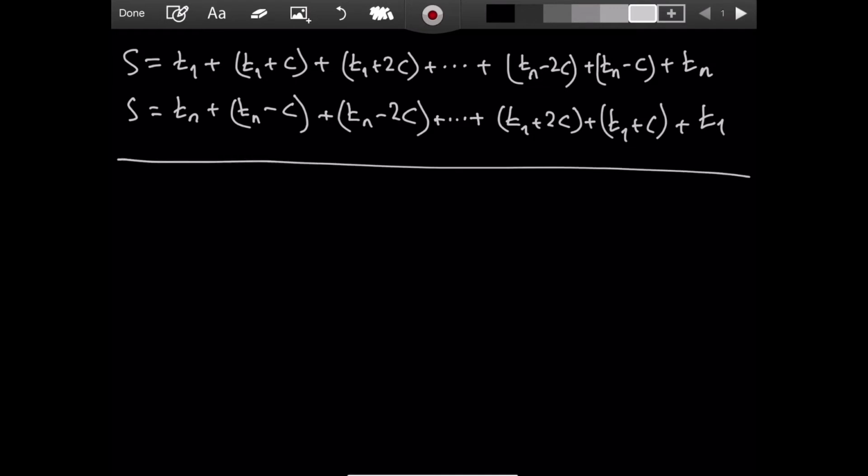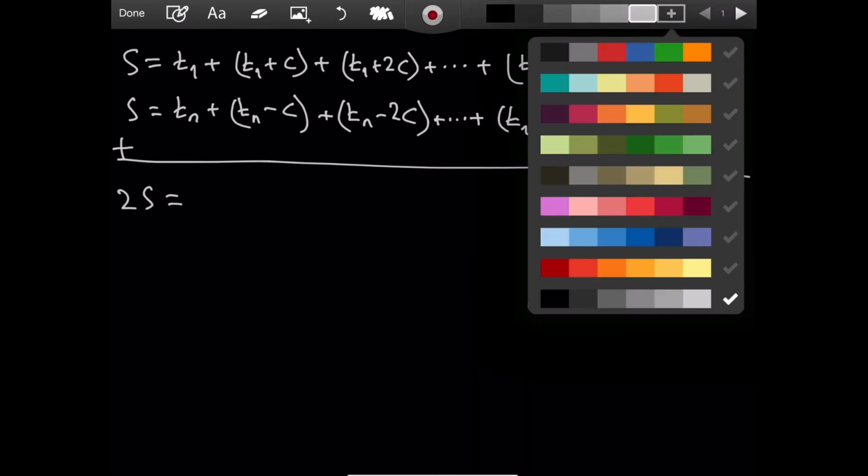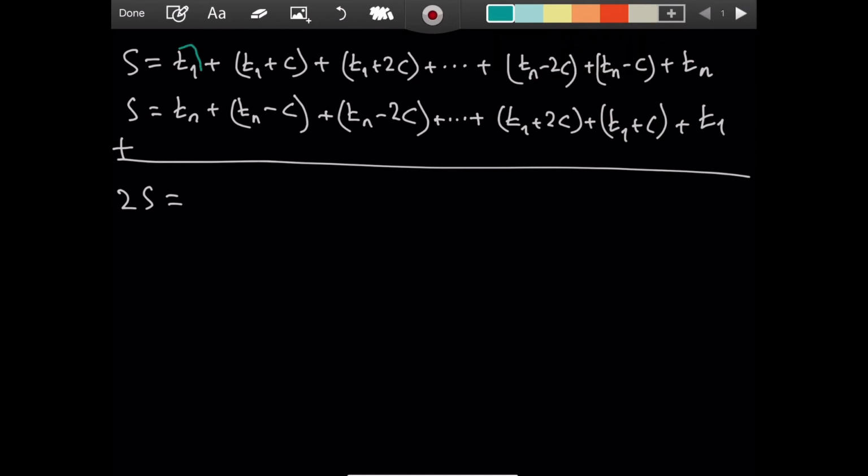So if I add these two equations side by side, on the left it is fairly simple. I will get 2s. On the right though, what do I get? Well, look at this. t1 plus tn. And then we will have t1 plus c plus tn minus c. So the c's will cancel. These cancel.